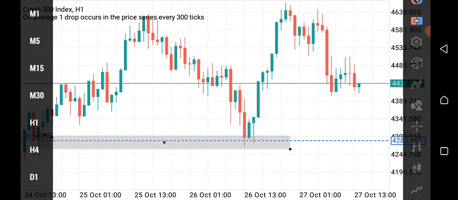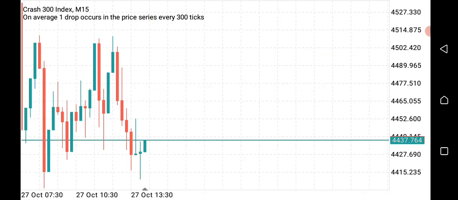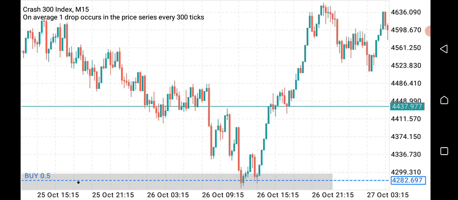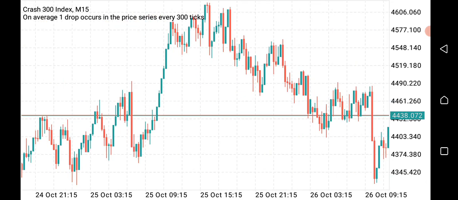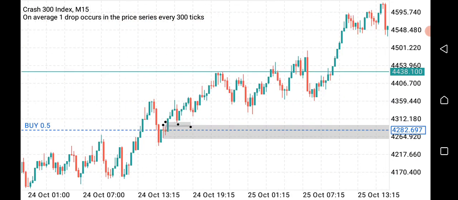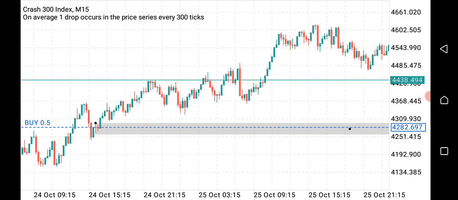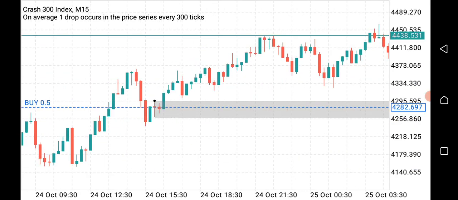Now going down to the 15 minutes time frame, you see that this is what I mean. So now if I zoom in a little bit, you see that there is a gap here too. Do you see the gap?